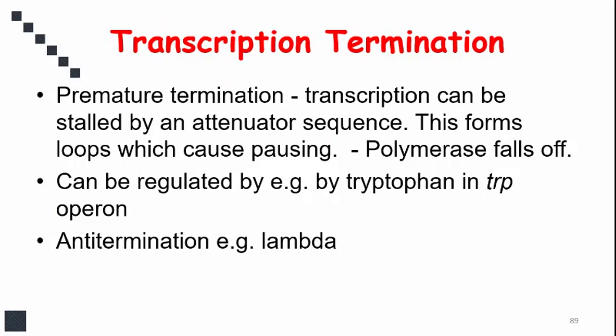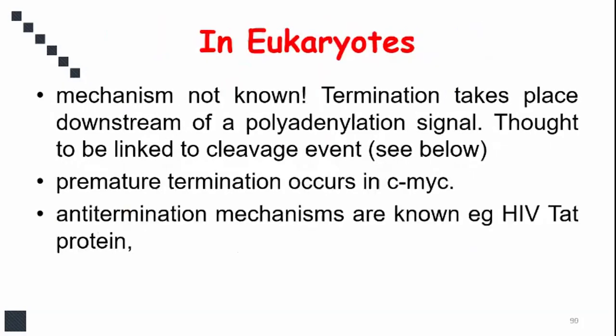It can be regulated by tryptophan, as in the trp operon, and then there is anti-termination in lambda, for instance. The mechanism of termination is still being studied and is yet to be fully understood. Premature termination occurs, just like we have seen, and anti-termination mechanisms are known for HIV and Tat proteins.